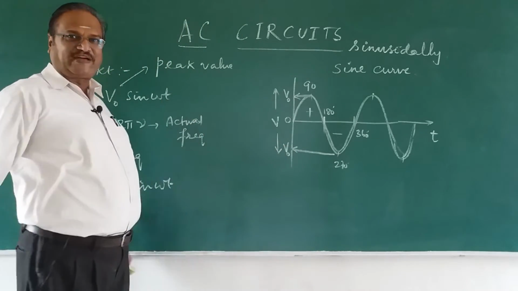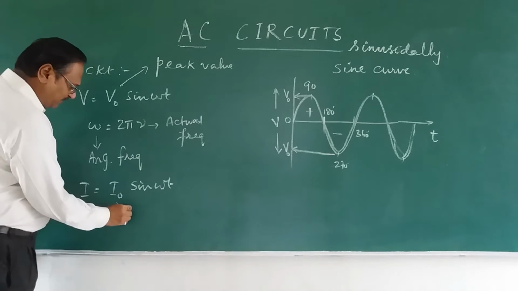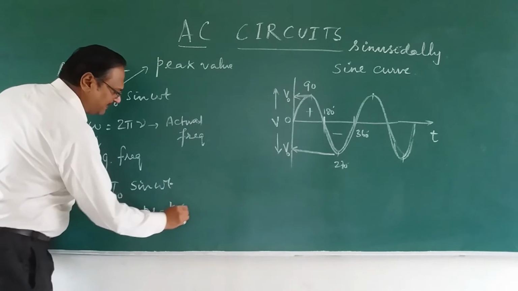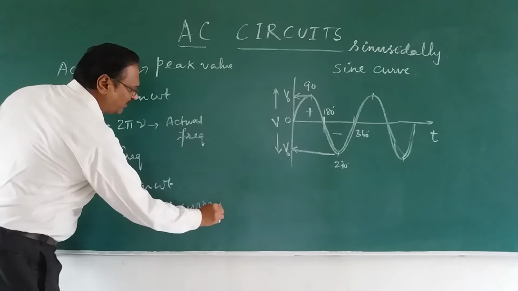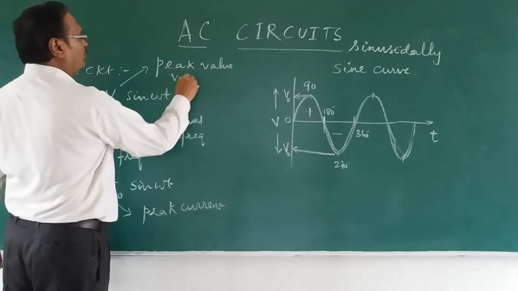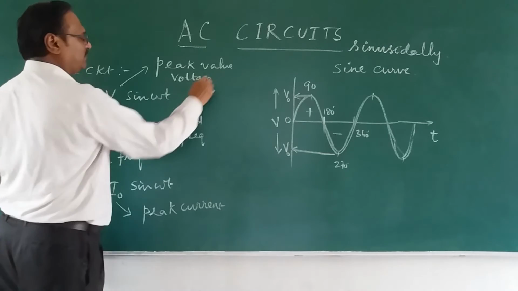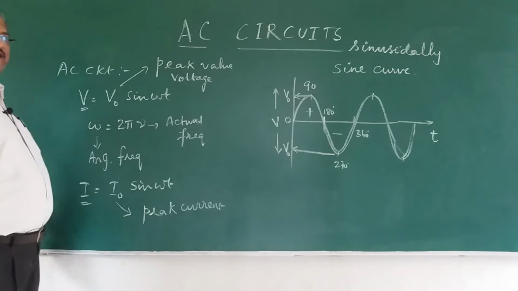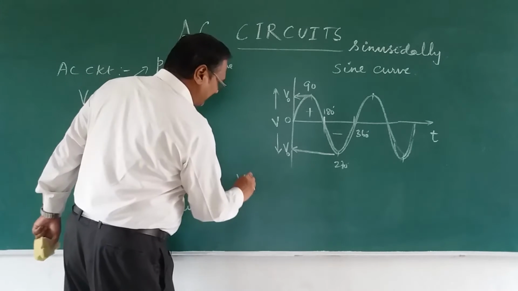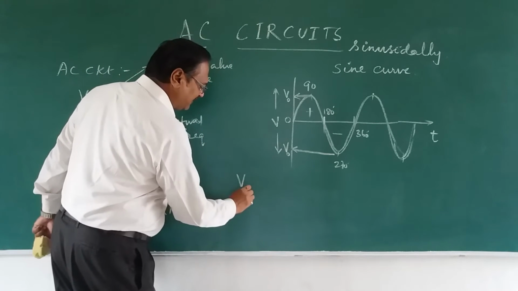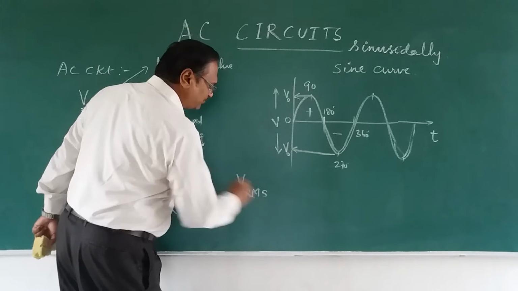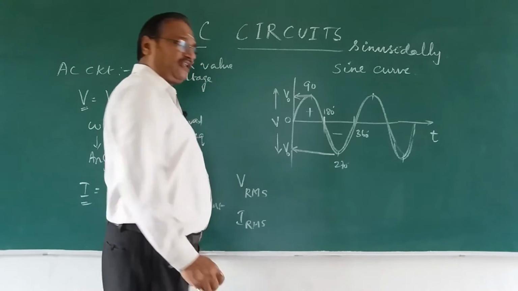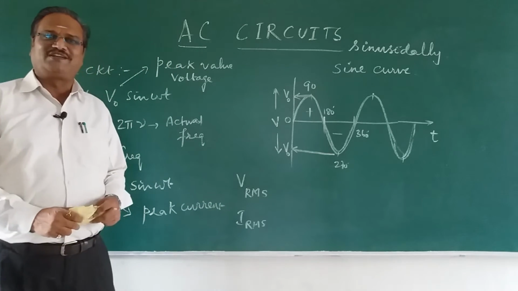V0 is called peak value and this I0 is again referred to as peak current, and that is peak voltage, the maximum voltage. Now what is this V and what is this I? This V and I is actually called the RMS value.